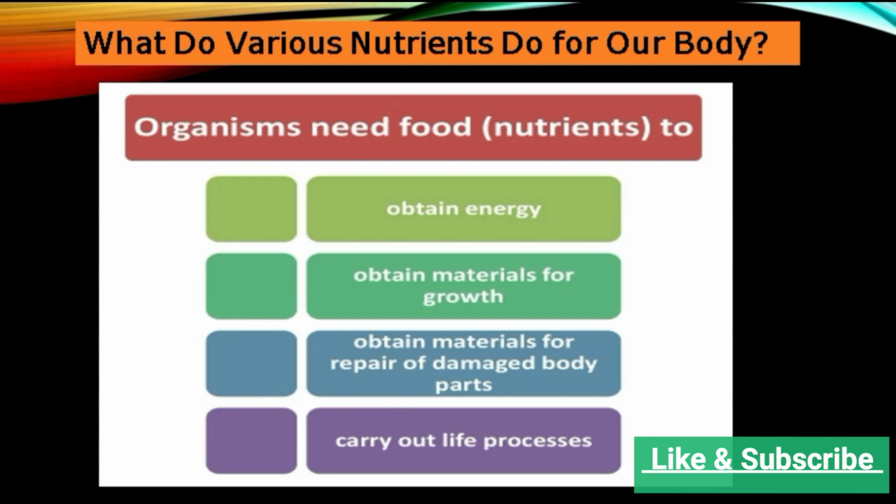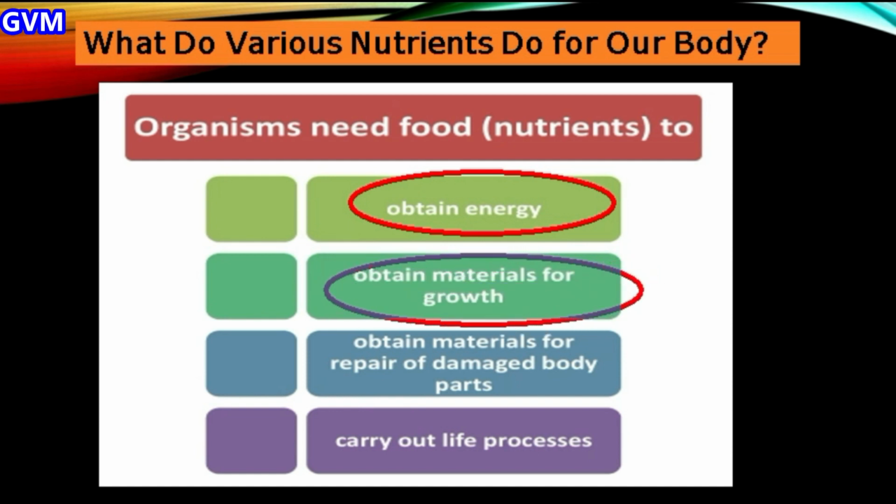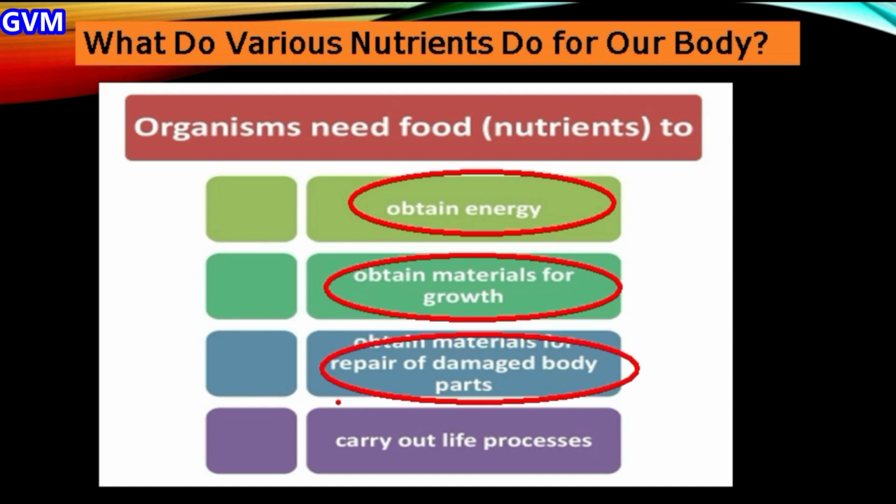Students, nutrients are the substances found in food which drive biological activity and are essential for the human body. Because of these nutrients in our food, we obtain energy for different life processes, we obtain different materials for our bodily growth, and we obtain different materials for repair of damaged body parts, and these nutrients also help to carry out the different life processes.